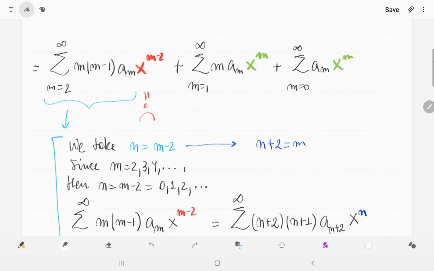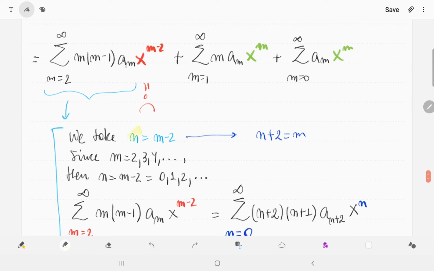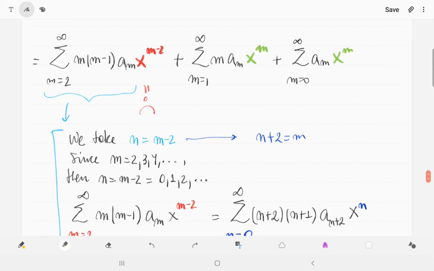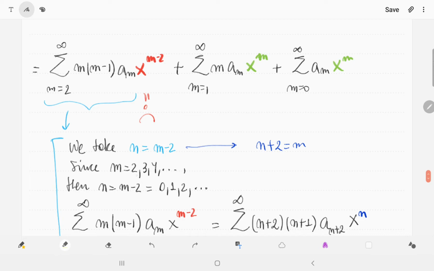Okay, as we were doing before, we call this n or k or the letter you want. Let's put n. And then we have an expression of m. So each time m appears here, we have to work with n plus 2 instead of m. And now we pay attention to which values this n can take. This power series starts at m equal to 2.